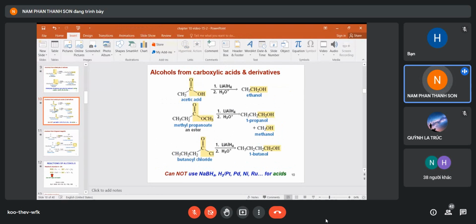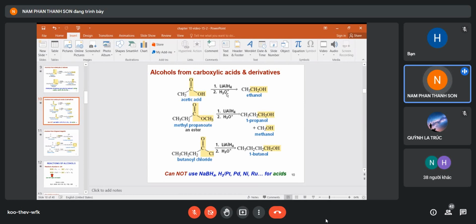We can have alcohols from carboxylic acid, and it's difficult to reduce carboxylic acid, so we cannot use NaBH4. Instead, we have to use lithium aluminum hydride, LiAlH4.